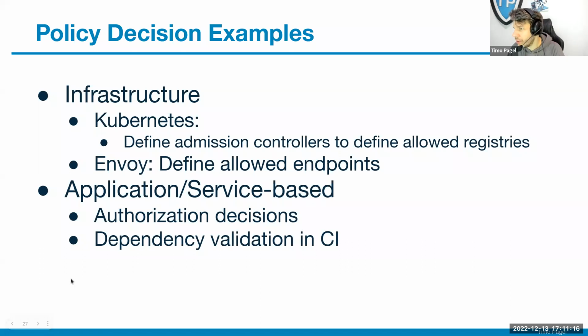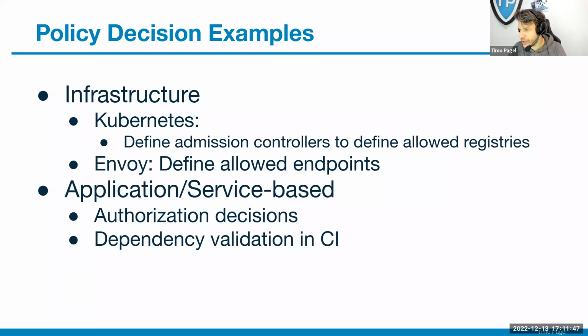You also can perform policy decisions in the infrastructure, for example, in Kubernetes. You can define with OPA admission controllers which define which registries are allowed for images and which registries are not allowed for images. Later, we will see an example for that. You can also have an Envoy where you define which endpoints are allowed.